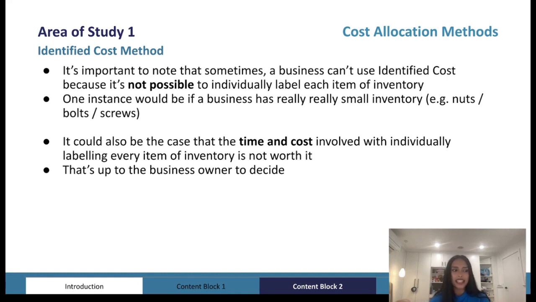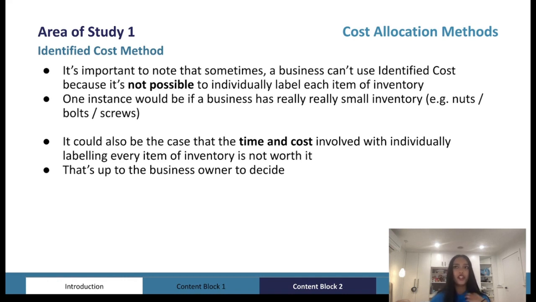So sometimes, even if it is possible to individually label every single item of inventory, the business owner might decide that it's not worth the time and cost, because when a business decides to use the identified cost method and add a tag and a sticker to every single item of inventory, that's not just going to magically happen.